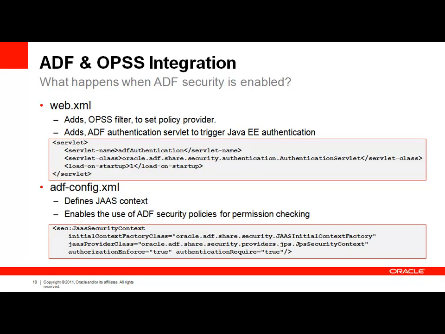It's the ADF configuration file, and this file contains an authorization enforce flag and an authentication require flag. If both are set to true, then that means that your application enforces authentication and authorization. You can also set authorization enforced to false and authentication required to true, in which case we only look for authentication but never try to authorize any resource access.